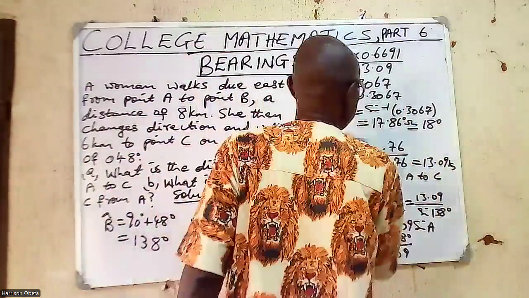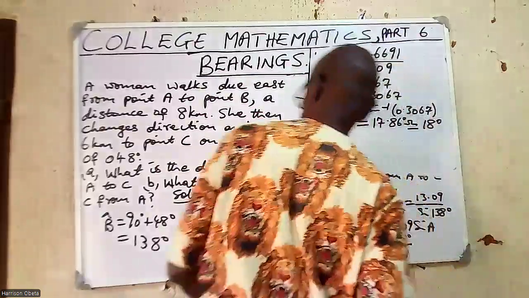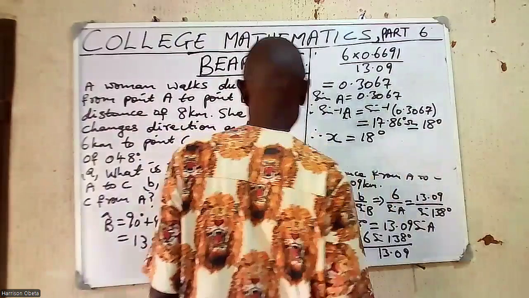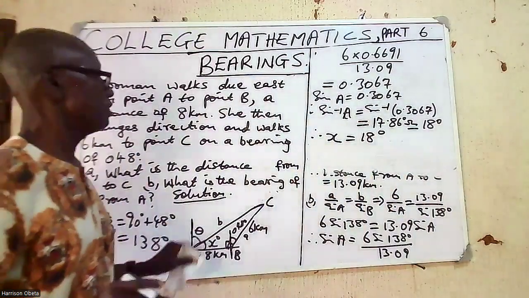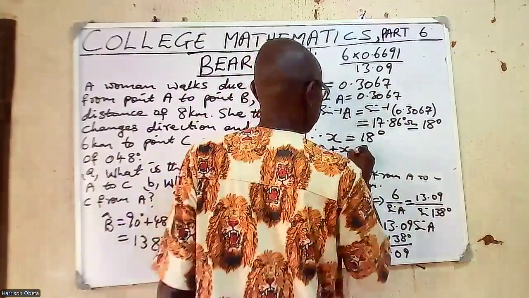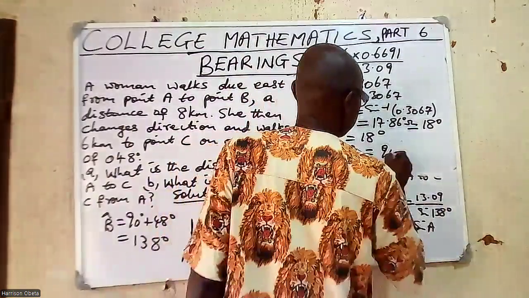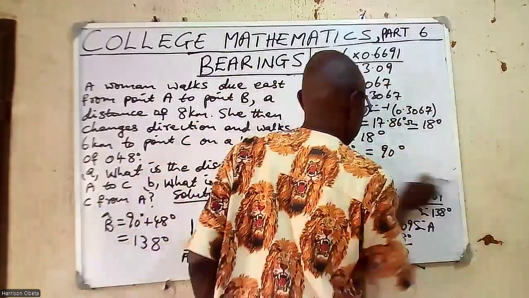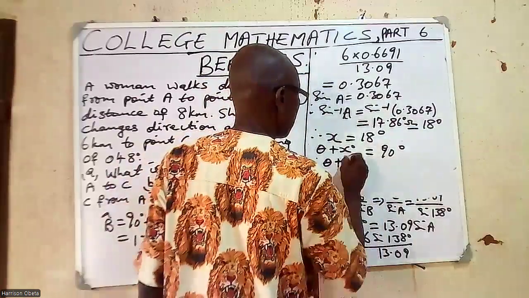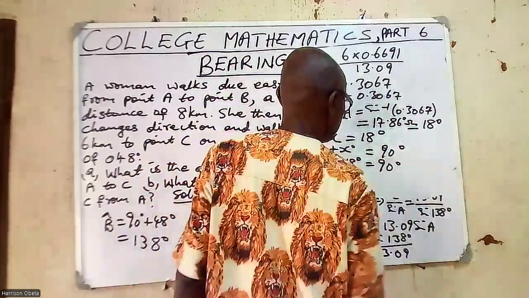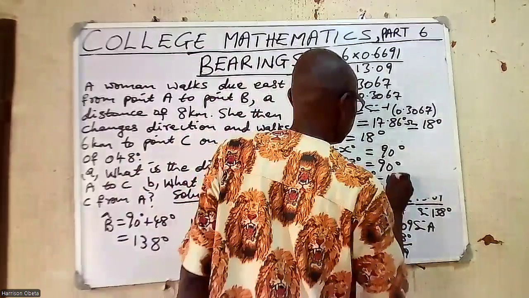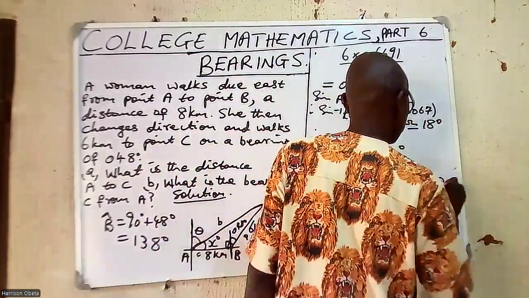So we have succeeded in getting angle A, which we call x. Therefore, x is equal to 18 degrees. But remember, we have said that theta is the bearing. So we know that theta plus x degrees equals 90 degrees. Therefore, theta plus 18 degrees equals 90, so that theta is equal to 90 degrees minus 18 degrees, and that is 72 degrees.